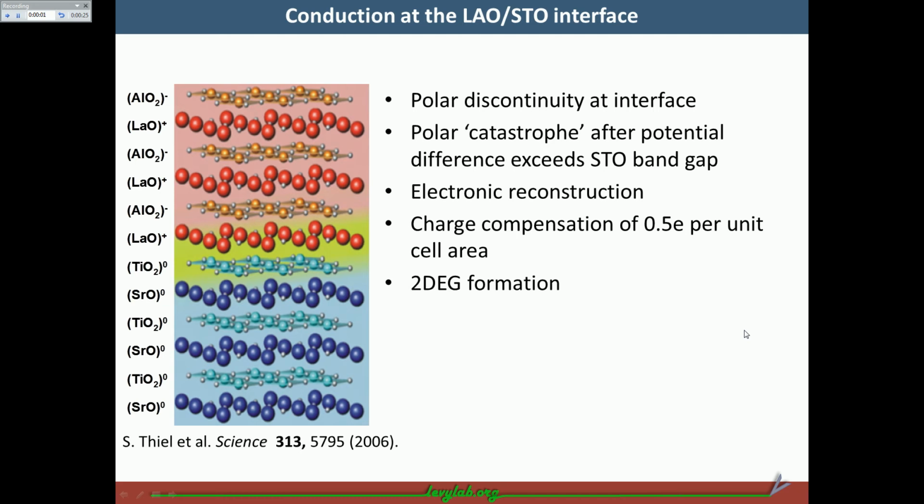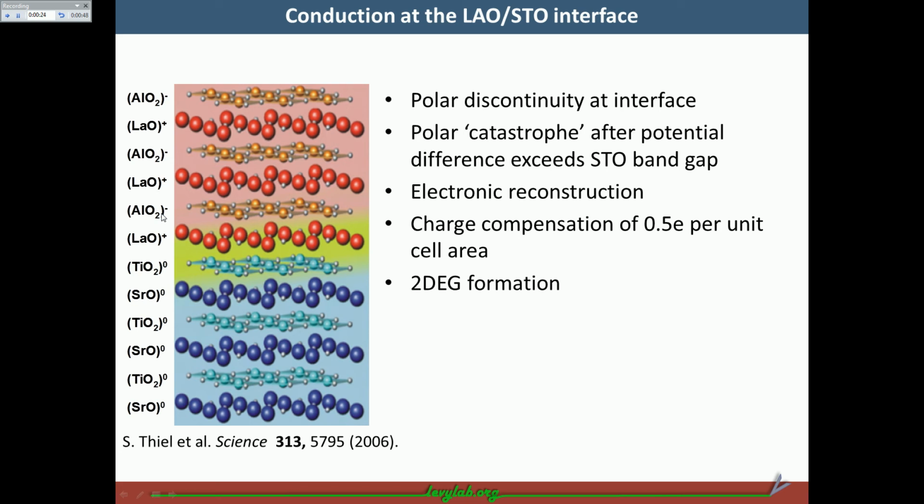While lithium aluminate and strontium titanate are both insulators in bulk, there's a polar discontinuity in the layers at the interface, causing a potential difference that diverges with the thickness of the LAO grown on top of the bulk strontium titanate.